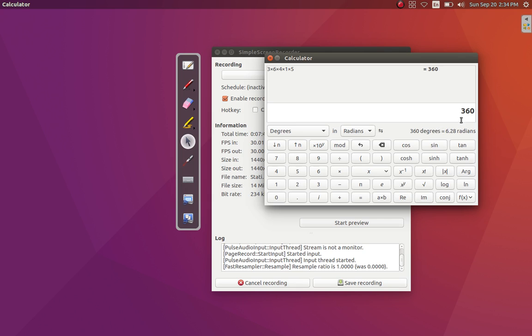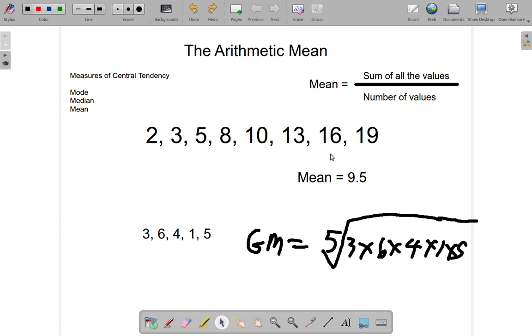I don't see the fifth root here, but you can raise it to the power of 1/5, it's the same thing as finding the fifth root. Oh no, everything's gone. 360 to the power of, open bracket, 1/5, close bracket, equals 3.245. Let's just call it 3.2.